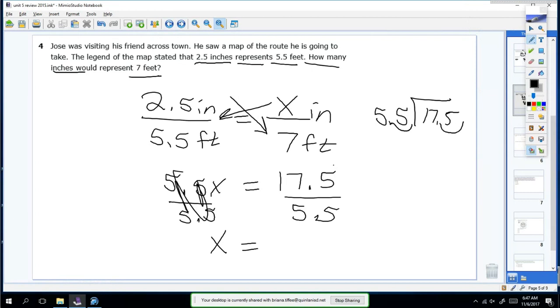So all you're basically doing is dividing 175 by 55. Now, why did I say 15? It's 55. Excuse me. So it's 175 divided by 55, which comes out to about 3.18. And it does go on and go 1818, but you can just say 3.18 repeating.